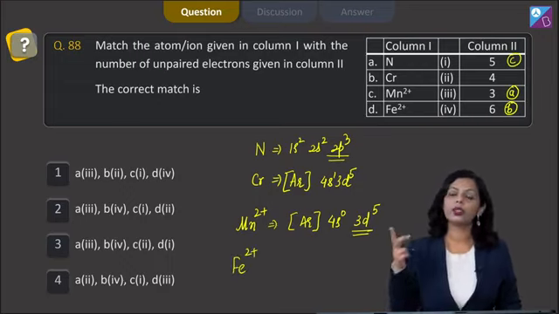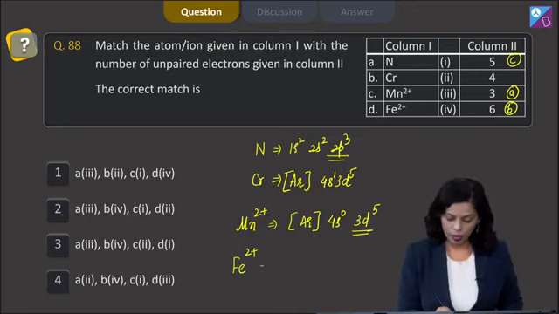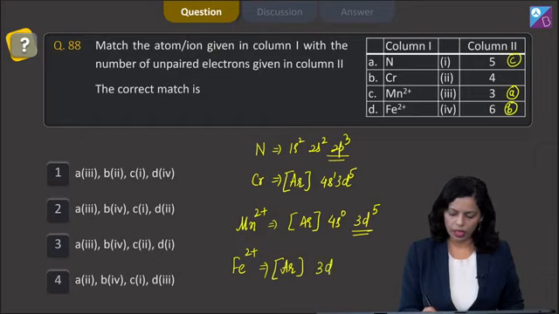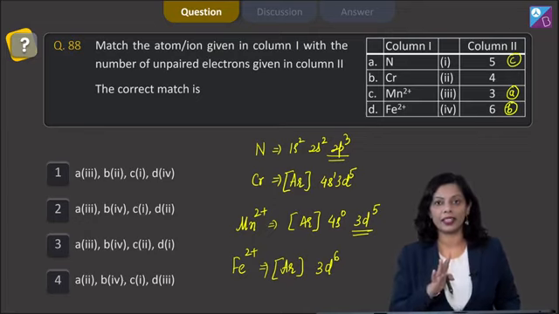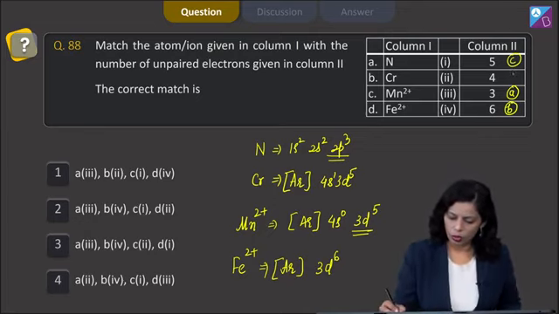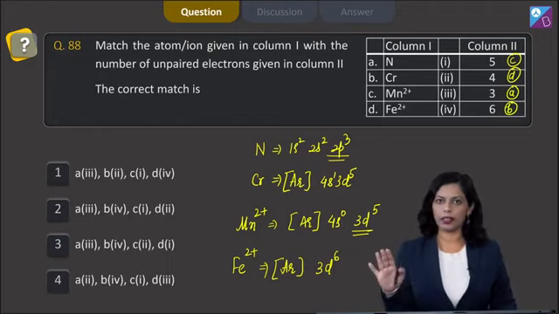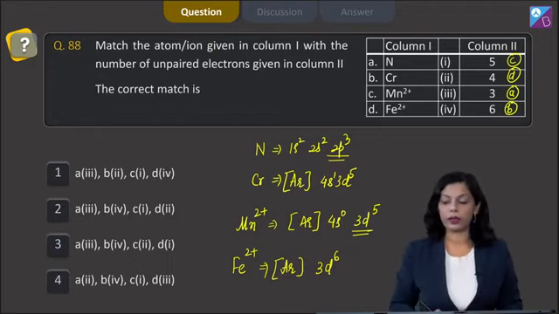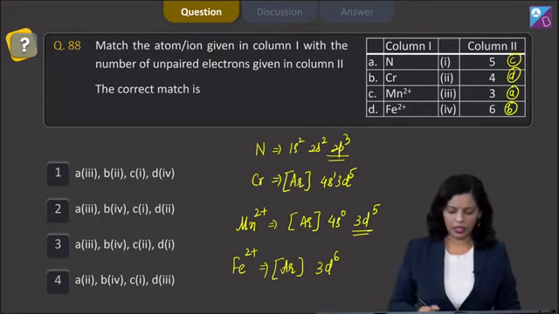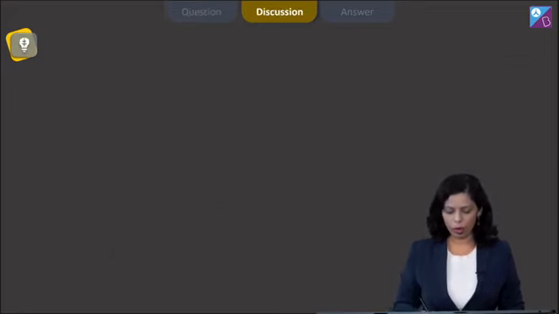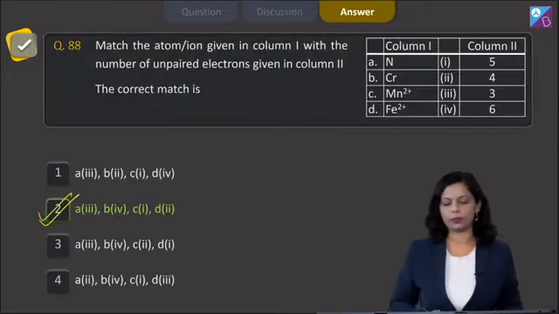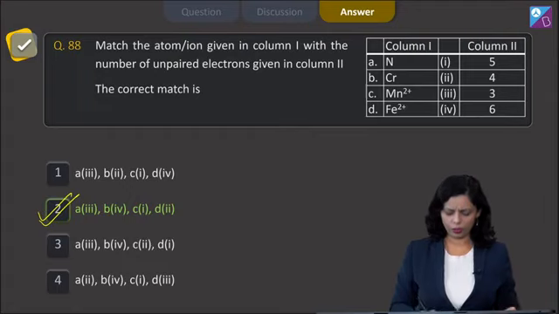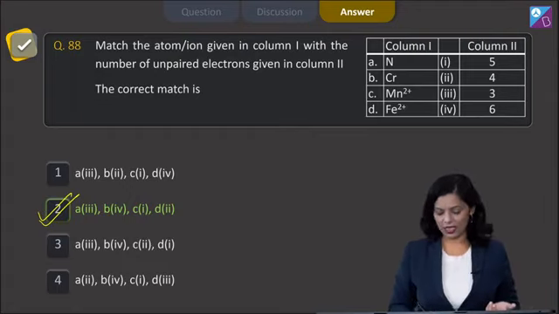Once again 2 electrons have been removed from the 4s orbital, so the configuration is 3d6. Among those 5 electrons in the d orbitals, 1 gets paired, so 4 are left. This is D. Now in which option is it given? That is the actual task. If you check option 2, you will find it is correctly matching. If so, you got the answer and the marks as well.